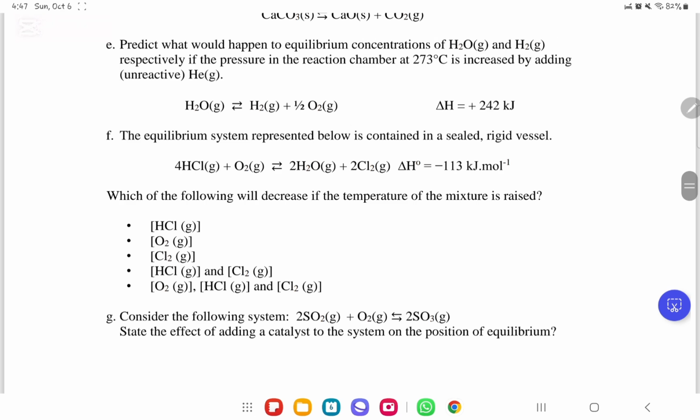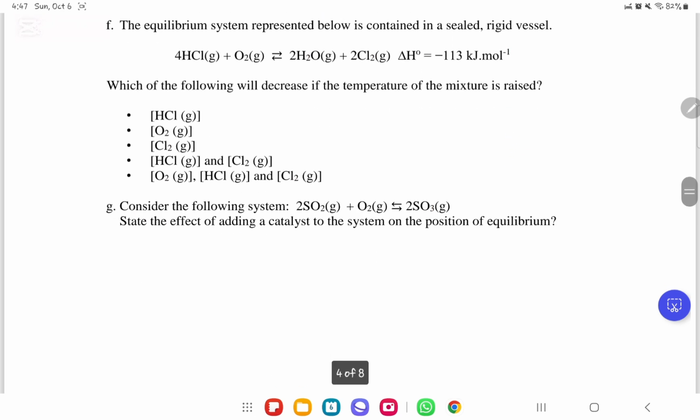Now F. The equilibrium system represented below is contained in a sealed rigid vessel. Which of the following will decrease if the temperature of the mixture is raised? Look, here the enthalpy is negative, so our reaction is exothermic. So let's rewrite it.